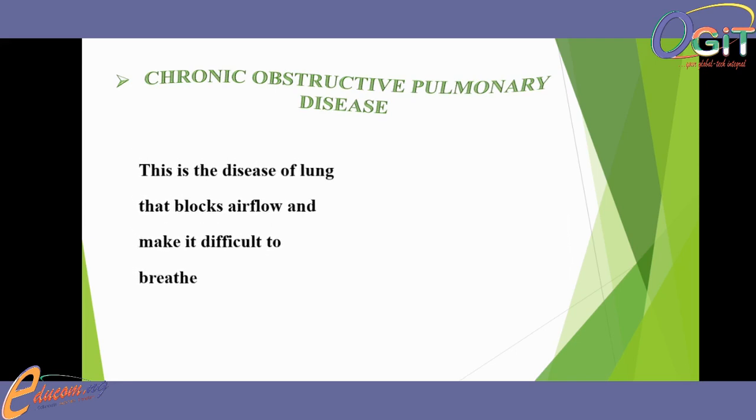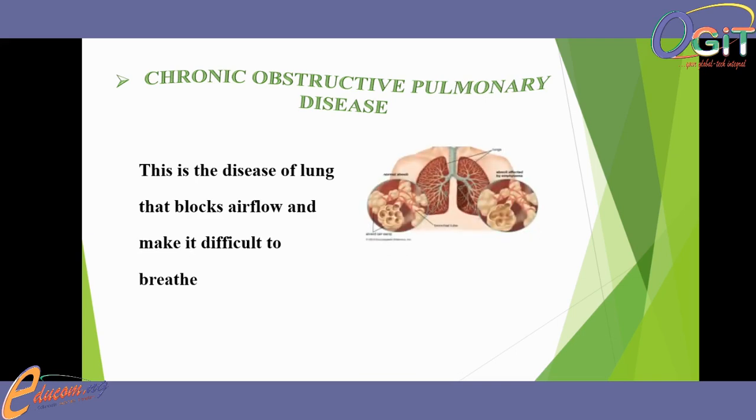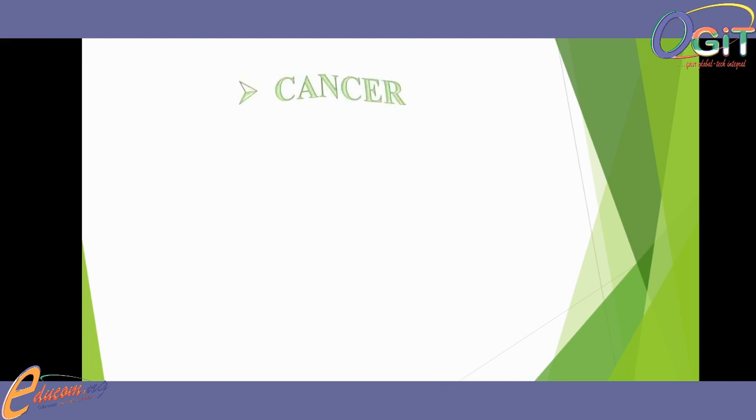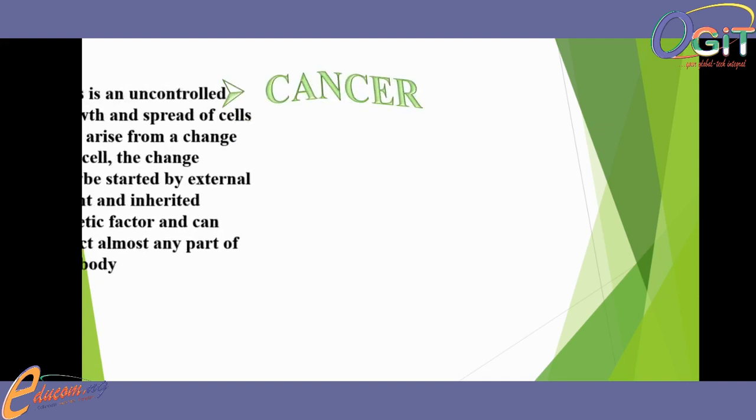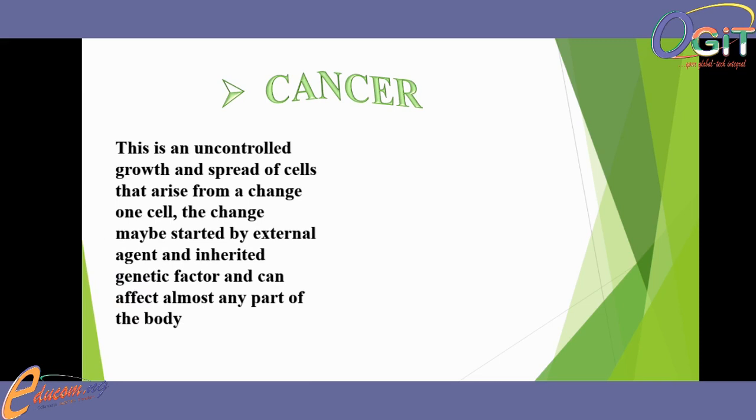We have chronic obstructive pulmonary disease, which is a disease of the lung that blocks airflow and makes it difficult to breathe. As well, we have cancer. What is cancer? Cancer is an uncontrolled growth and spread of cells that arise from a change of one single cell.